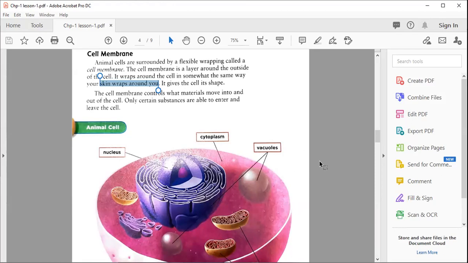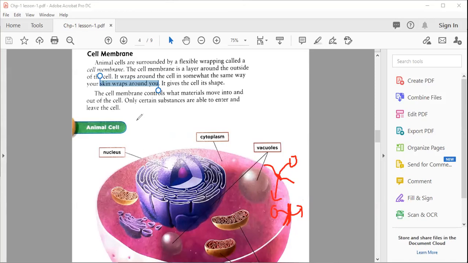If something wants to enter the cell, the membrane allows it, it opens, and the thing enters the cell. If it wants to go out again, the layer opens and that material goes out of the cell. So it works like a main gate. Only certain substances are able to enter and leave the cell.